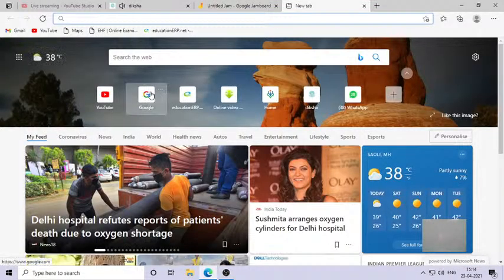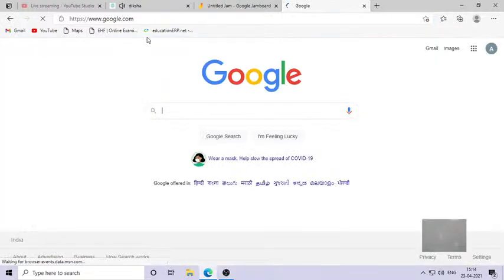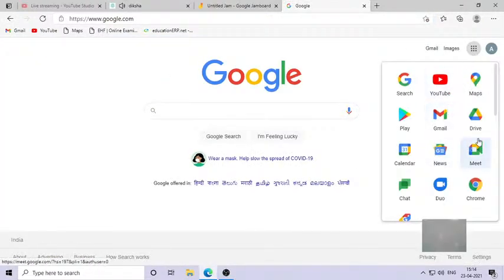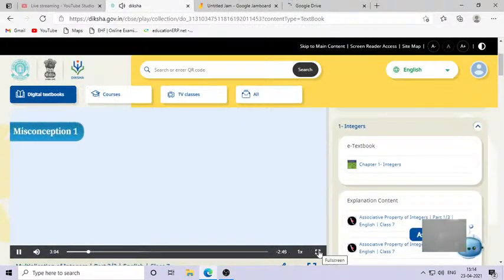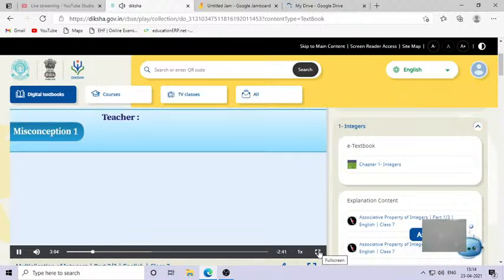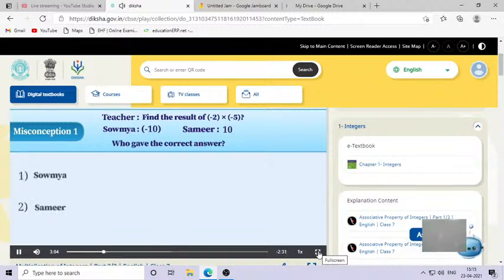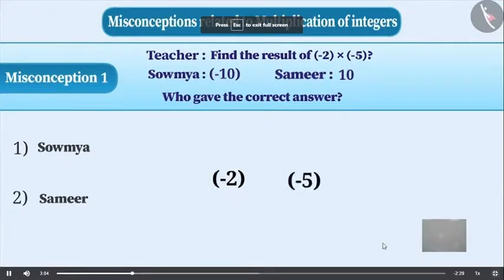Today, we will see a few misconceptions related to multiplication of integers. While teaching multiplication of integers, the teacher asked this question. Find the result of minus 2 into minus 5. Soumya has given minus 10 as an answer and Samir has given 10 as an answer. Who gave the correct answer according to you?